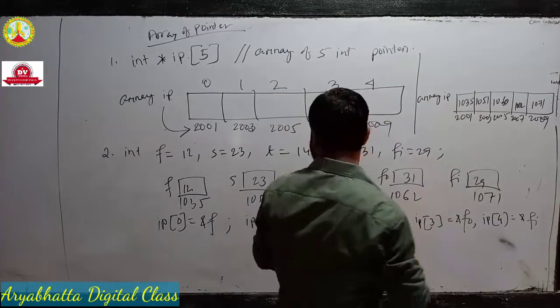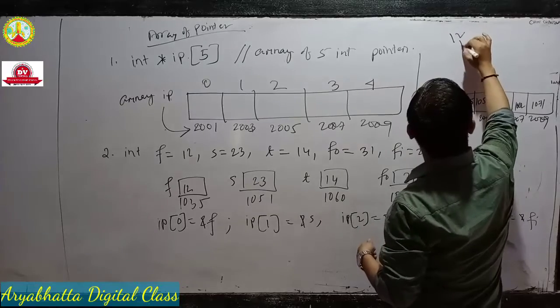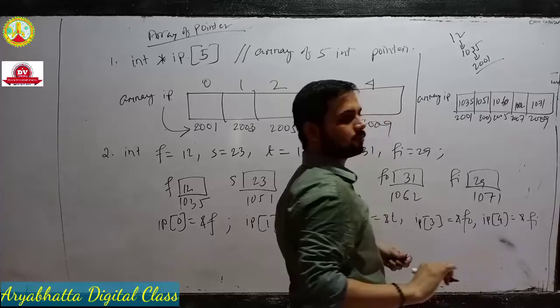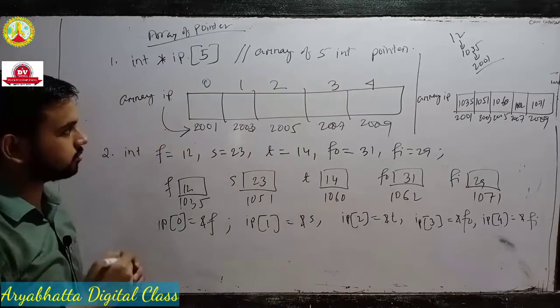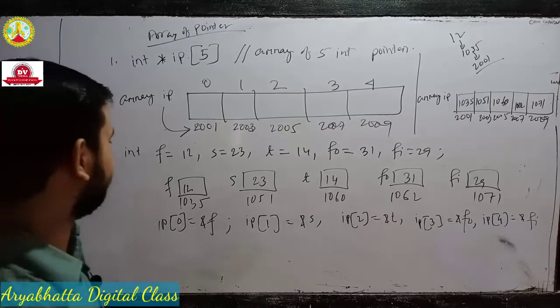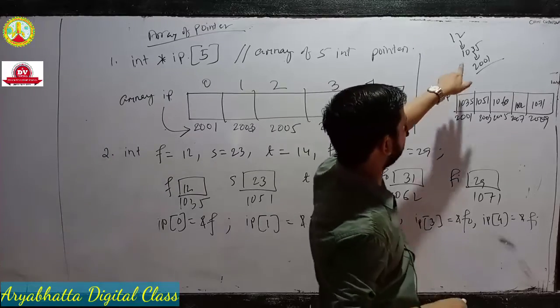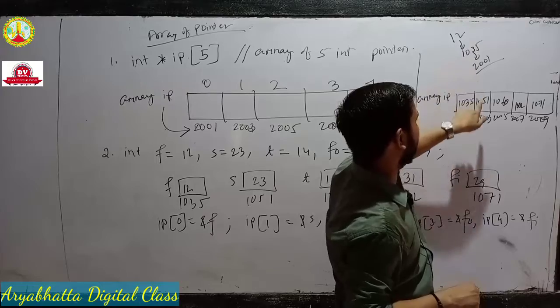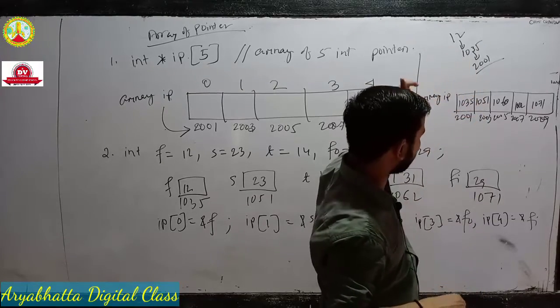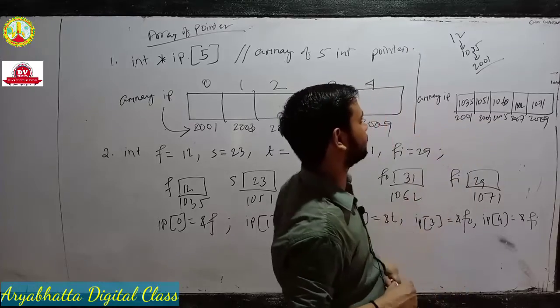You got it? If you see, 12 has memory address 1035, and this 1035 is stored in an array of pointers, and this variable also has a memory address, this 2001.